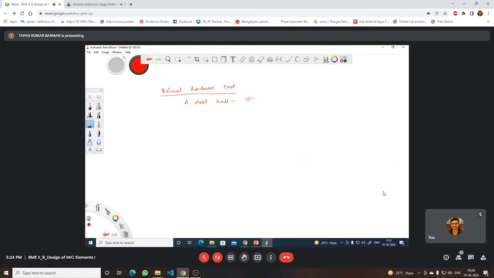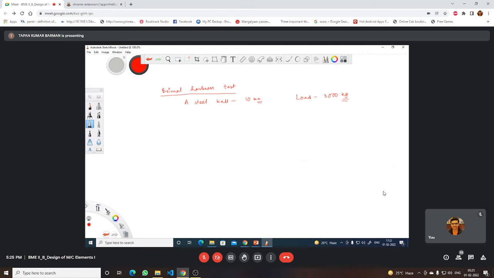The diameter is 10 millimeter. That ball is used to indent the metal surface for which you try to get the hardness value. And the load is generally 3000 kg. With this load, we apply the load on the metal surface using a steel ball of 10 millimeter diameter.